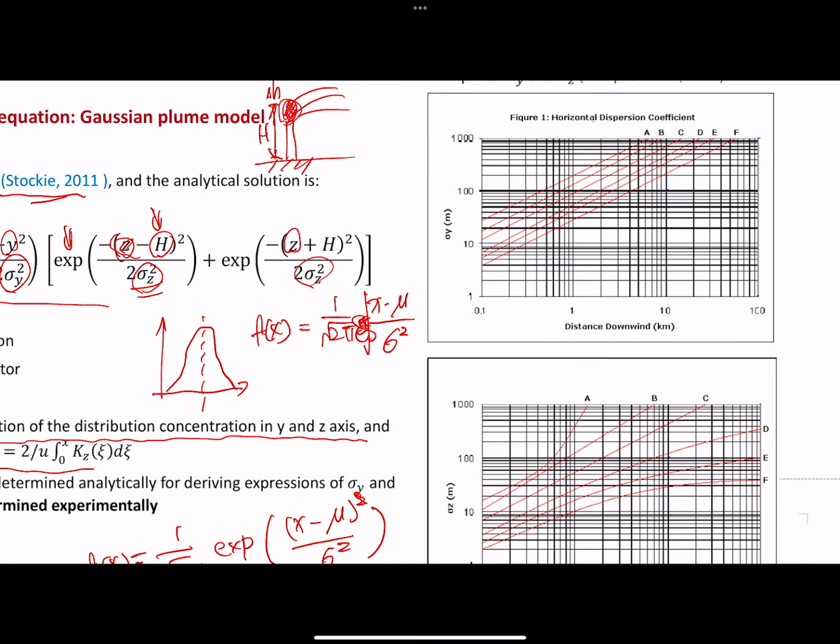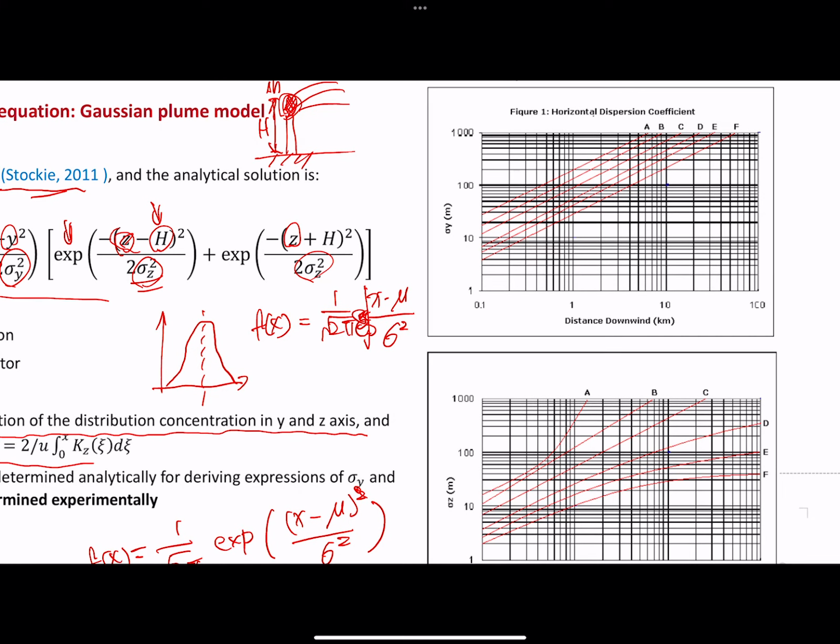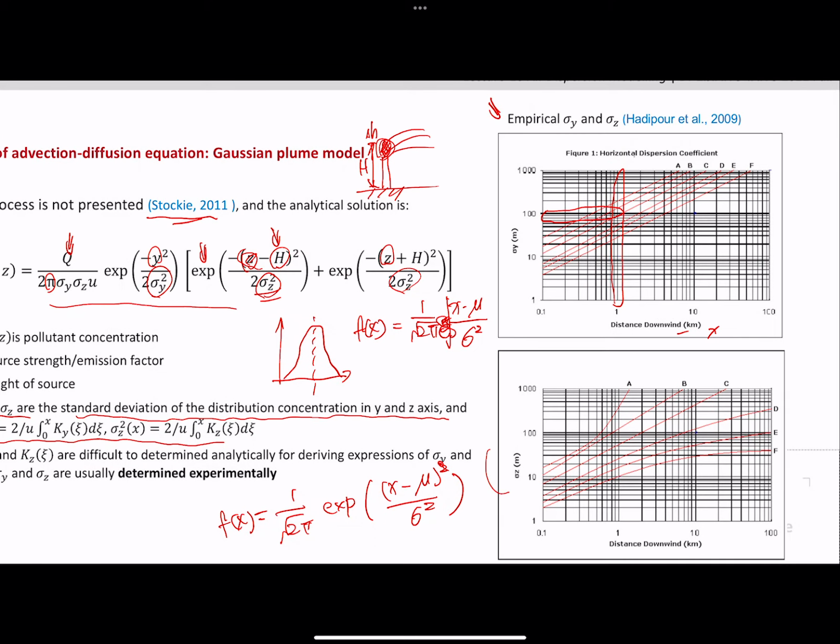Basically, we can do many experiments and get these empirical relations. This refers to x, the downwind distance. If we know the x value, we can use this table to look up the sigma y value and the sigma z value.